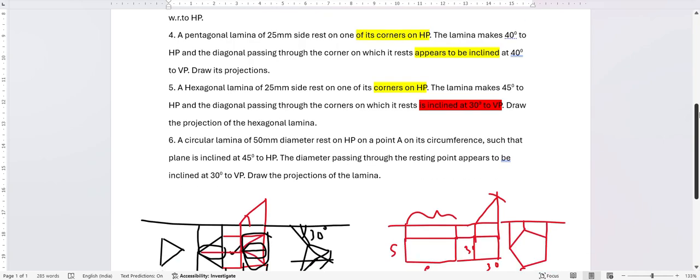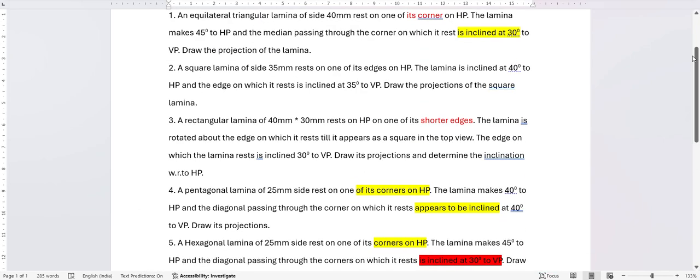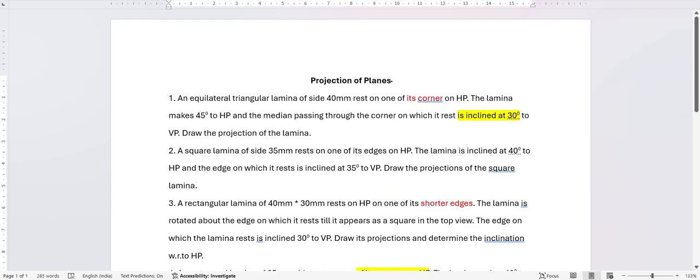Okay, in circle only thing is you have to divide into 8 equal parts. Okay, now try to understand the problem. This projection of planes will be of 30 marks. Okay, 30 marks. Drawing will be, say, 40%, that means 12 marks, and computerization will be 18 marks.